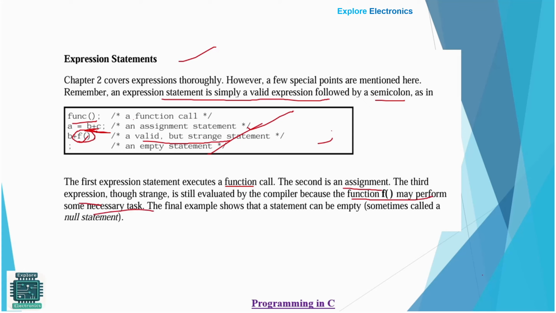Means this function may call any other function. The final example shows that a statement can be empty, sometimes even null. The null, empty, void, the meaning remains the same for these three words, but we will use them in different contexts.